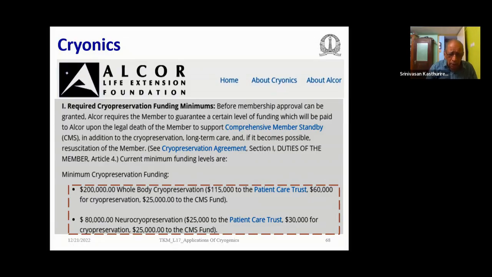There are also other forms of preservation. Almost about $80,000 for neurocryopreservation, about 25,000 for the patient care trust, and about $30,000 for cryopreservation, about $25,000 for CMS fund.